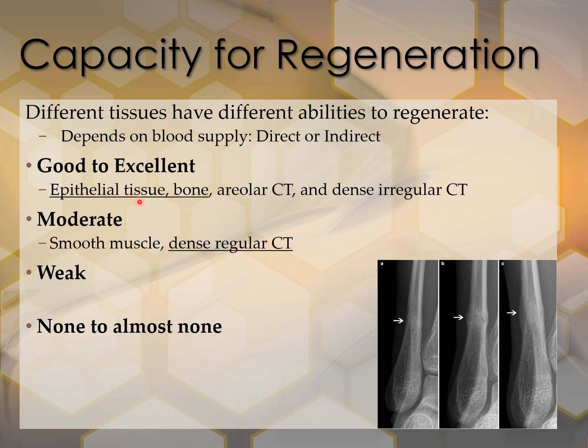What are some tissues that aren't maybe as good, but are pretty good? Smooth muscle is pretty good, same as dense regular connective tissue, but dense regular connective tissue is not as good as epithelial tissue. So these are our tendons and ligaments, right?